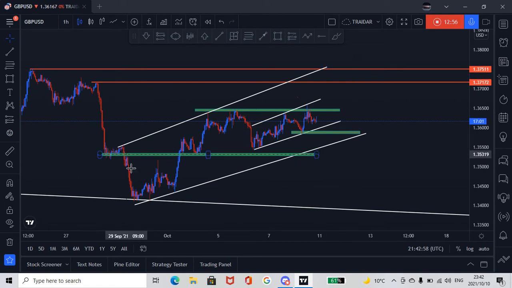On a bigger structure, the market came down, tested the trend line first and second, and shot all the way to the upside, respecting this key area, and then came back to test the resistance trend line, and now it's correcting within the trend line.